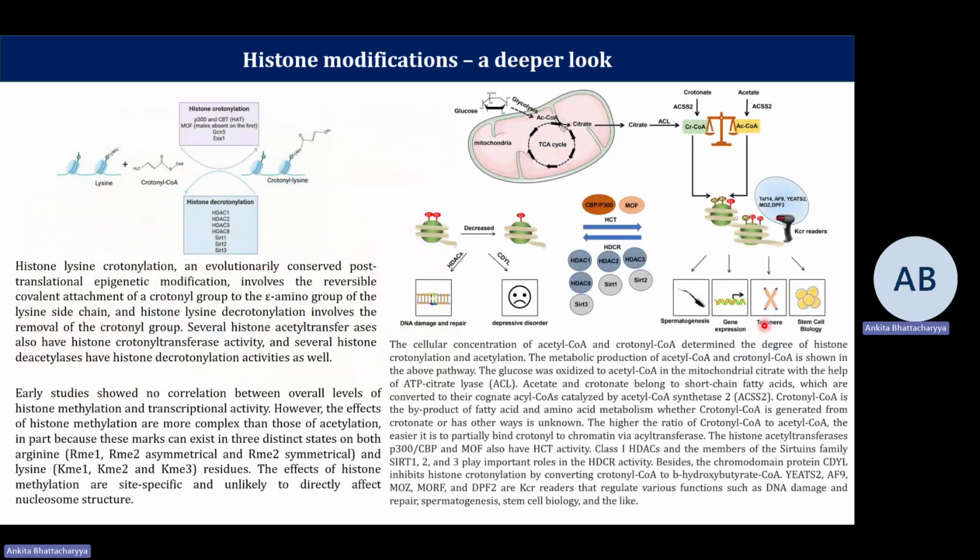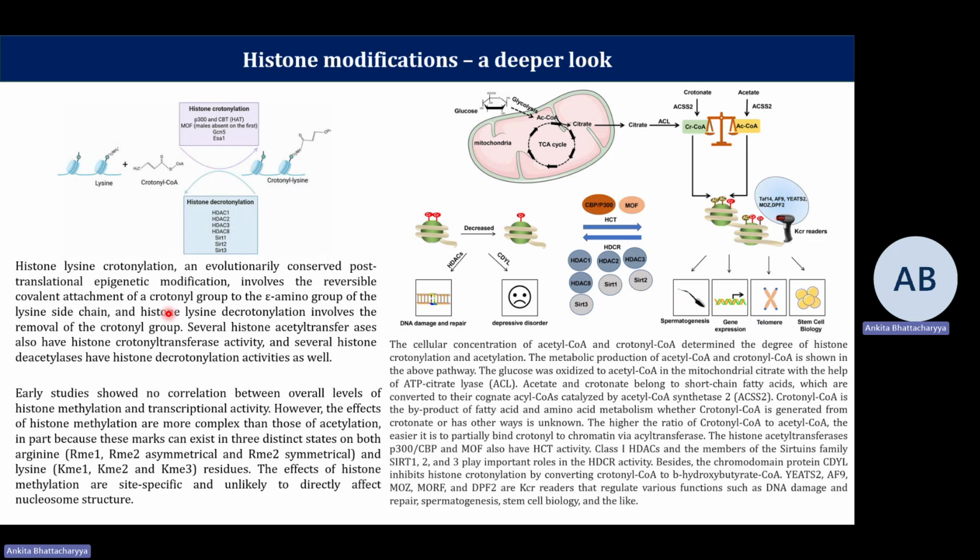Next, histone modifications, a deeper look, involves histone lysine crotonylation, which I've already mentioned is an evolutionarily conserved post-translational epigenetic modification, which involves the reversible covalent attachment of a crotonyl group. Now, what is this crotonyl group that we keep talking about? It is also a type of acylation, or an acyl group addition.